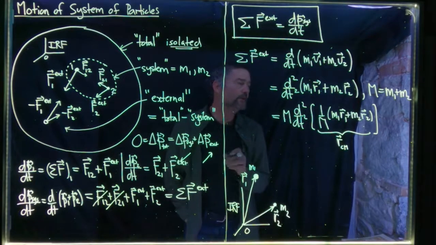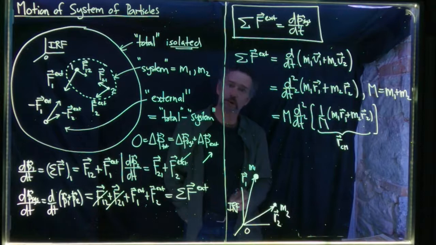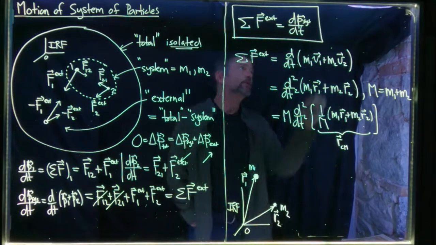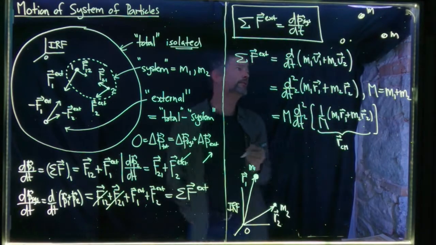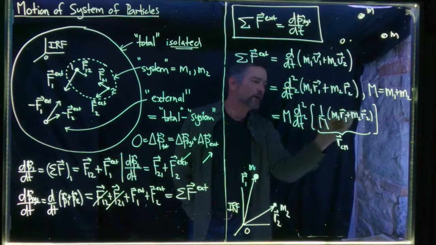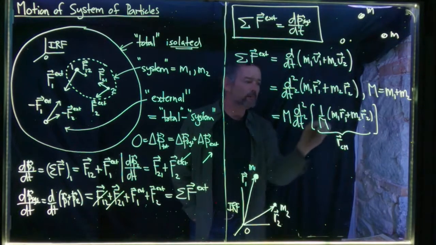Well, let's take a couple of examples, just to fix ideas and get a feeling for this. Suppose that these two masses, the mass of the Earth and the mass of the Moon, were equal. Okay, and so our situation looked like this, and they both had mass, say, little m. And here's the origin of our coordinate system. Then m1 and m2 are both equal to m. Big M is equal to m plus m, which is 2m.